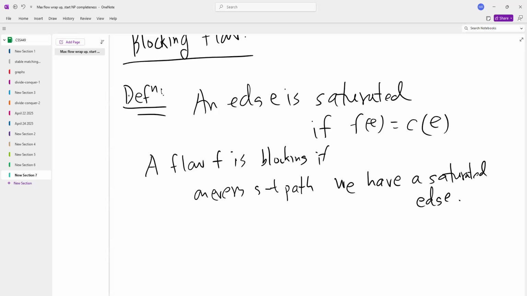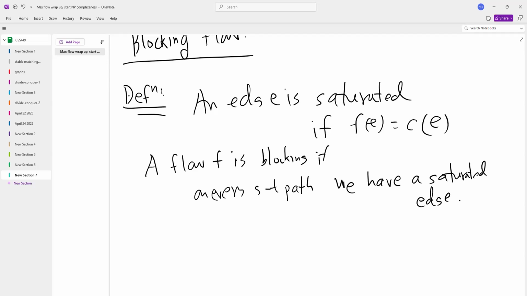So if you look at any path, the saturated edge has capacity 0, so the minimum capacity on that path is 0, so you cannot add any more. Once you reach a blocking flow, that's the maximum flow you can add.